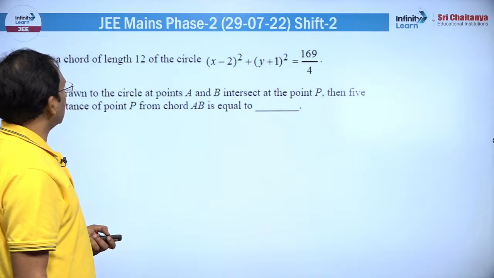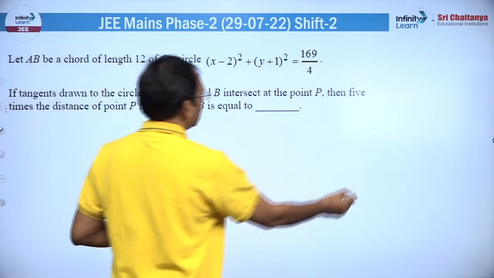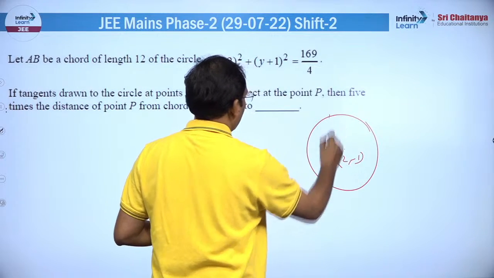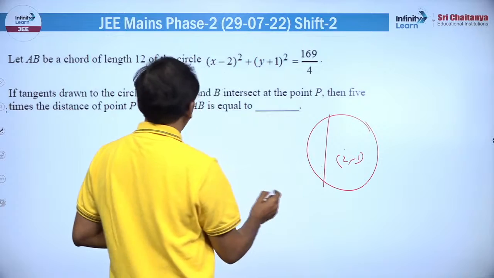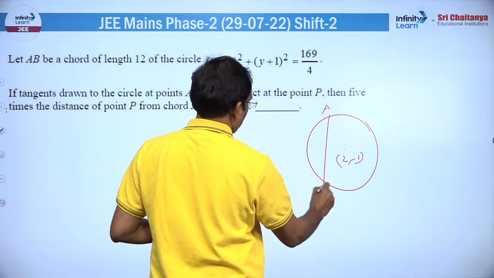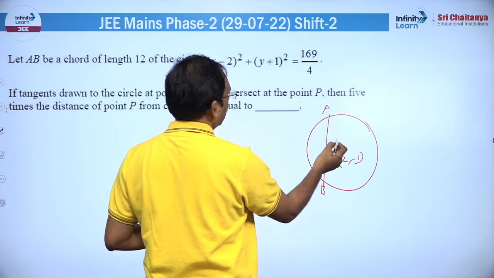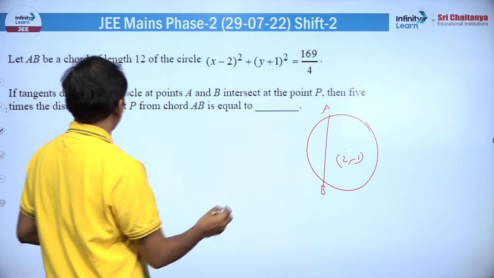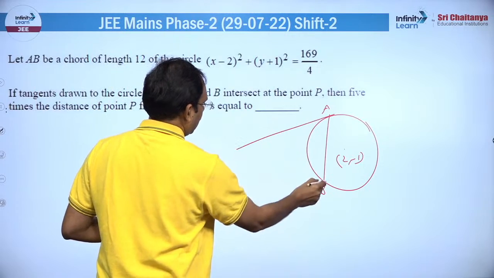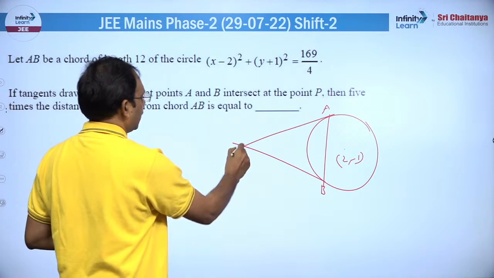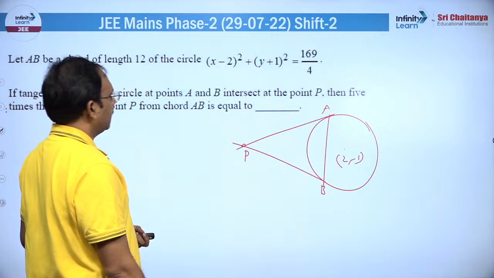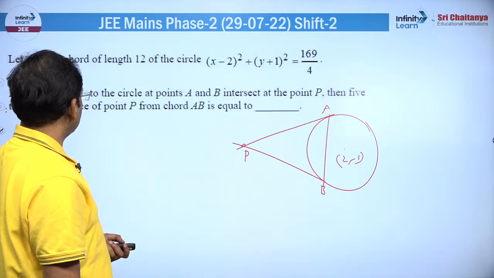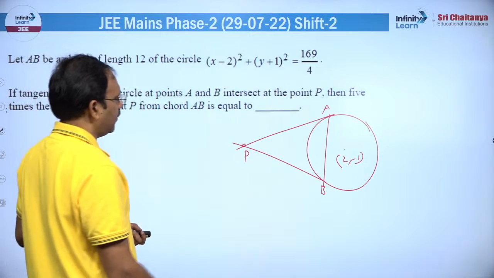Next, AB is a chord of length 12 of the circle. There is a circle, my dear friends, with center 2 comma minus 1. AB is a chord of length 12. Radius is also known, which is 13 by 2, and two tangents are drawn to the circle at the points A and B, intersecting at the point P. Then find 5 times the distance of P from the chord AB.